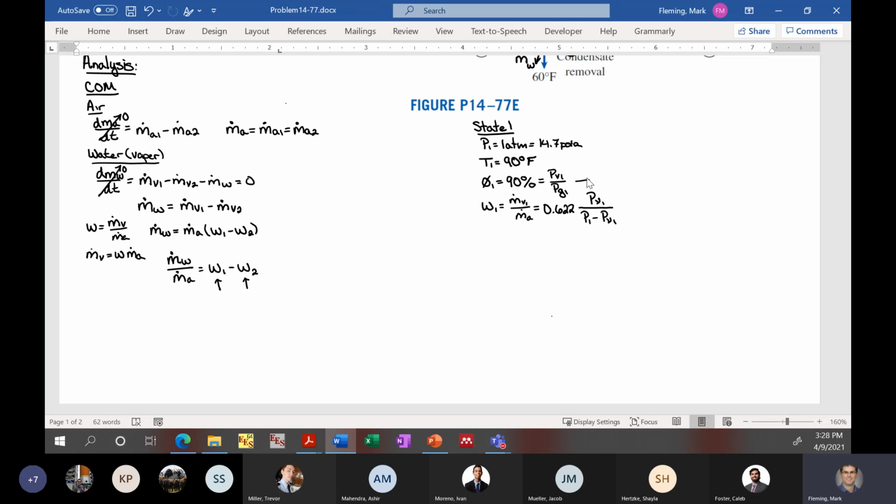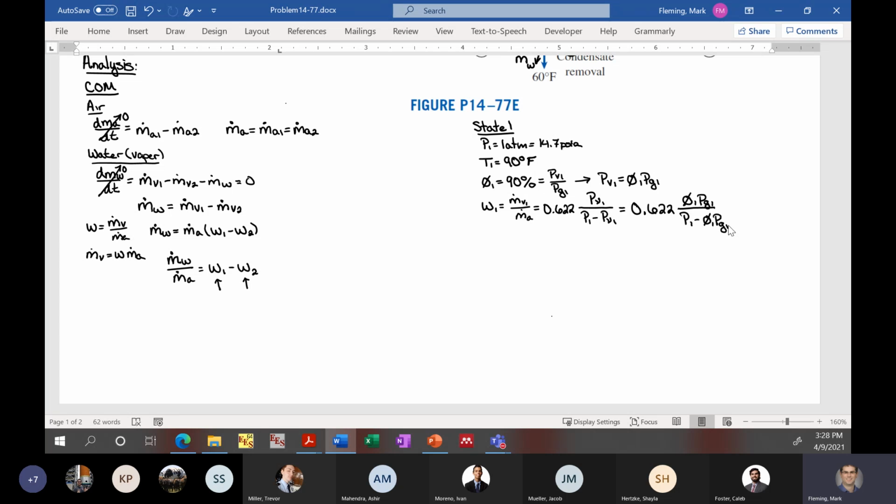And if we take this, we can now substitute for P vapor 1. This is equal to the relative humidity times P sub G1. And so we can substitute that in here. So we'll do 0.622, and then we'll have the relative humidity 1 times the saturation condition of 1 over the total pressure minus the relative humidity at 1 times the saturation condition at 1.